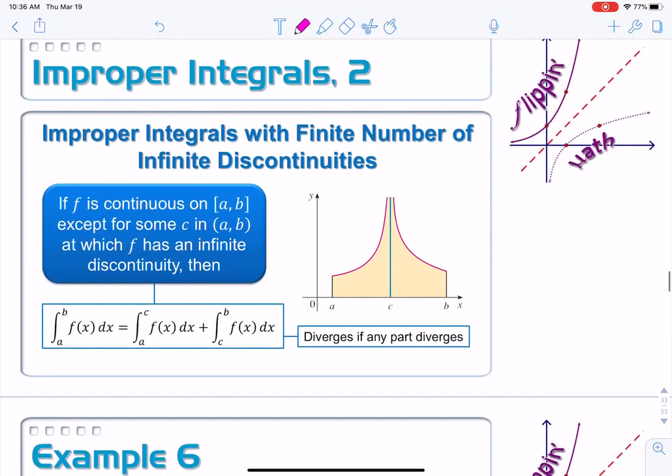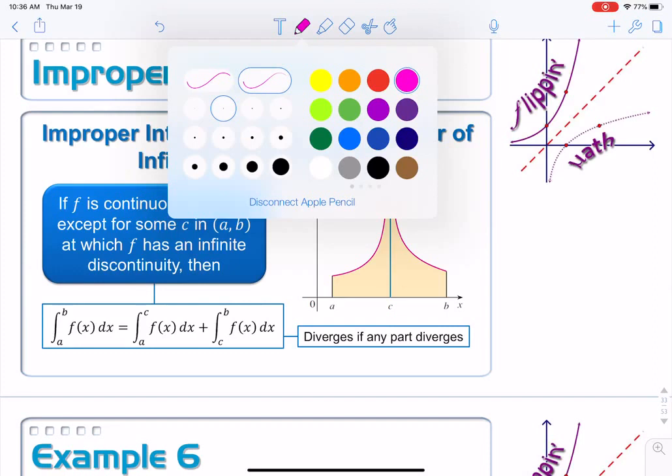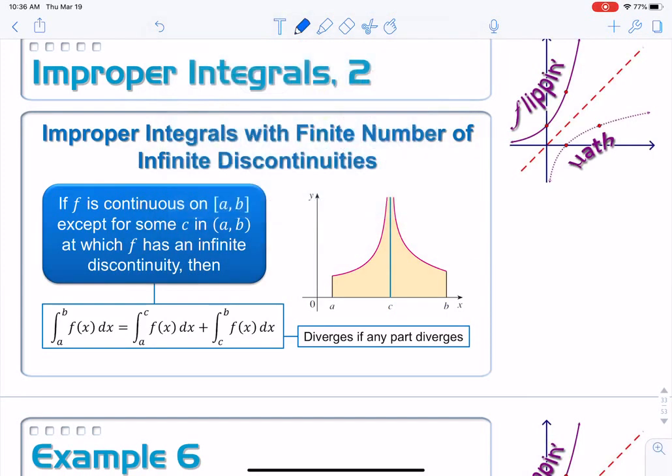Let's just say for the example that we're working with here that this is the number 1, this is the number 2, and this is the number 3. It would not have been obvious without some sort of investigation that we would have had an improper integral. It would have looked originally like this: the definite integral from 1 to 3 of some sort of function with respect to x.